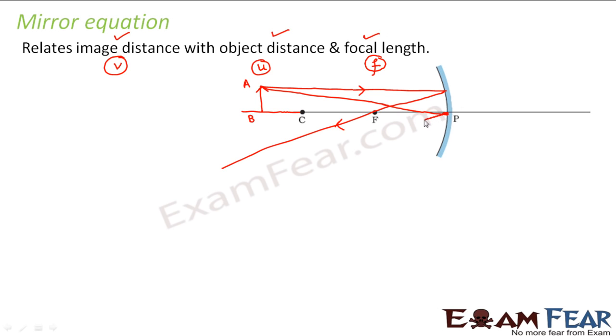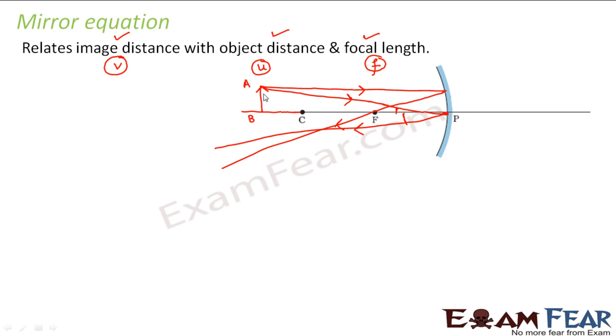After reflection, it will again get reflected obliquely. I'm sorry, the diagram is not very clear, but I hope you understand. This ray of light falls obliquely and it gets reflected obliquely, right?